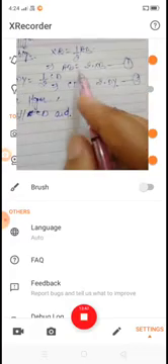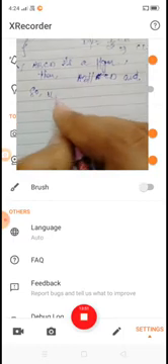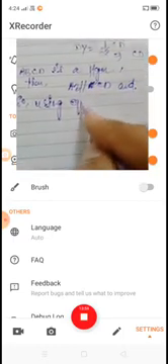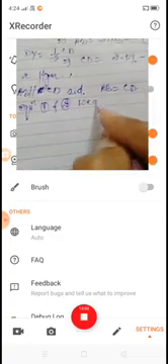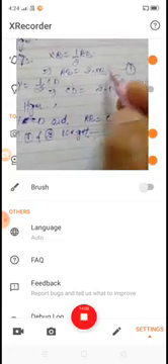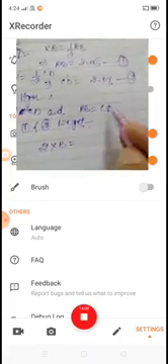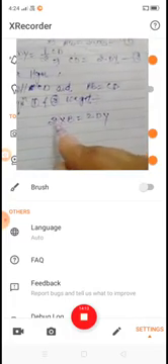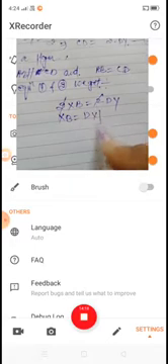So using equation 1 and 2, we get AB is equal to 2XB and CD is equal to 2DY. Okay, now the 2 cancels out. We have XB is equal to DY.